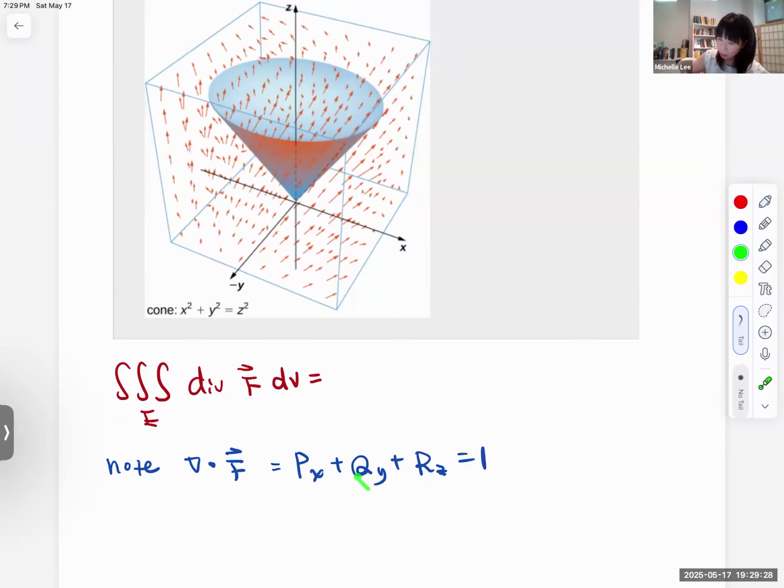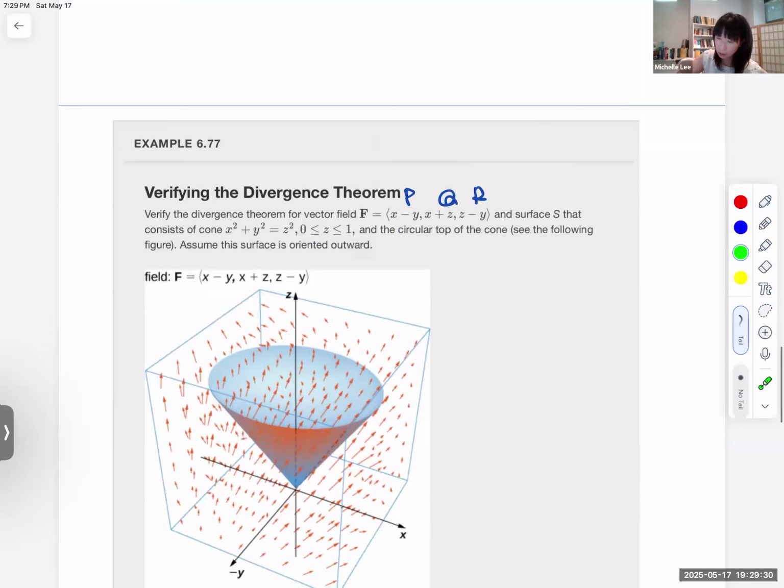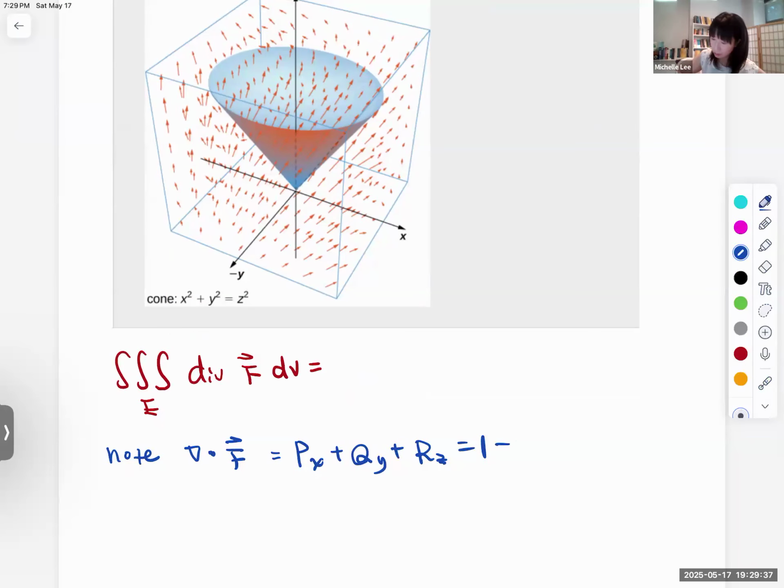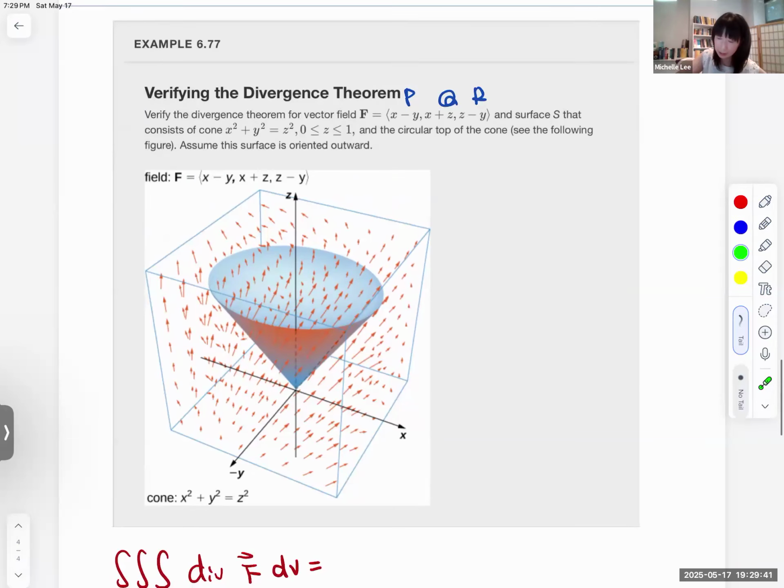And looking at Q, the partial derivative with respect to y, there is no y, so it's 0. And we're looking at R, the partial derivative with respect to z.